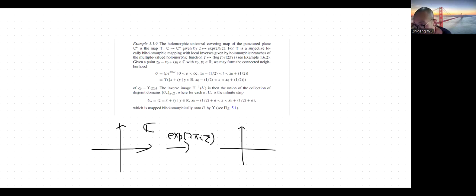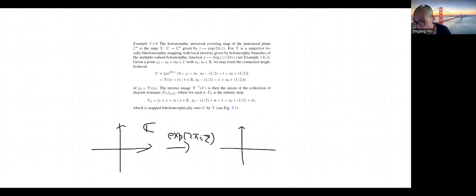So gamma is surjective and locally biholomorphic, with local inverses given by a holomorphic branch of the multi-valued holomorphic function zeta maps to log zeta over 2 pi i.